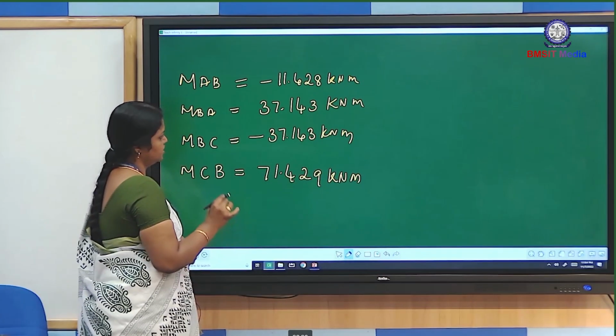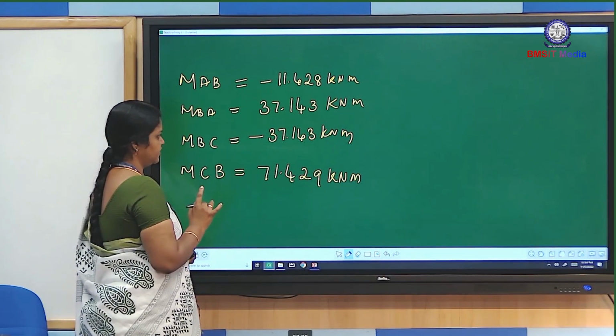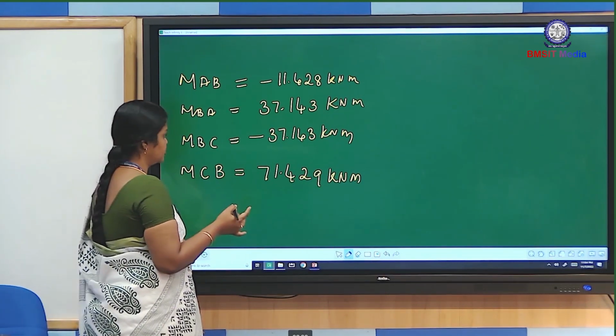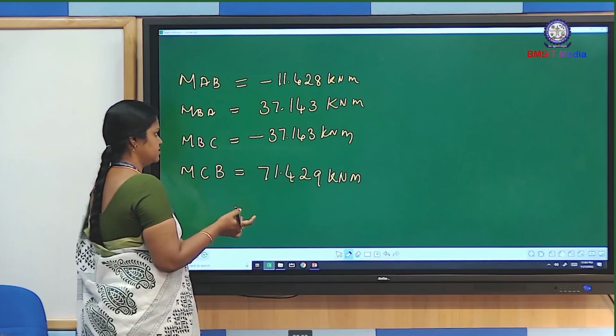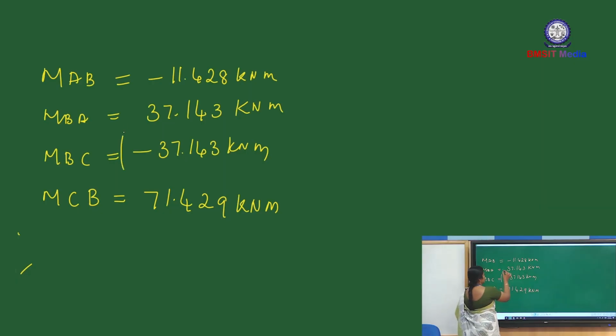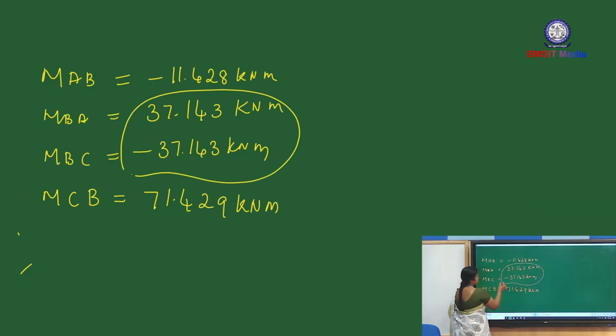We have written the joint equilibrium equation at B: sum of moment at B equal to 0, that is MBA plus MBC equal to 0. See here, MBA plus MBC equal to 0, plus 37.143 minus 37.143.